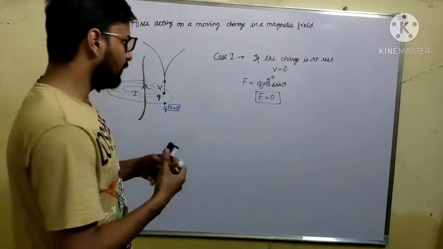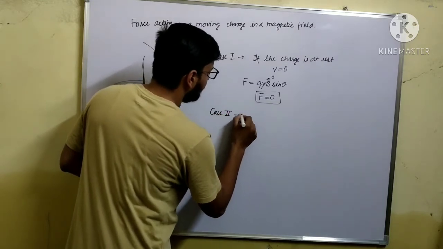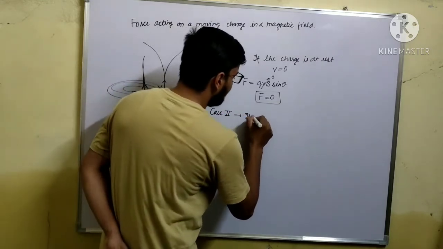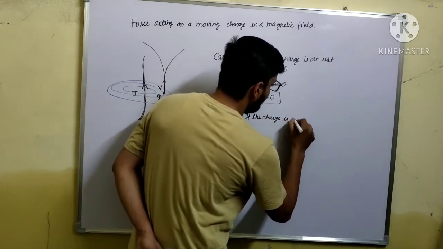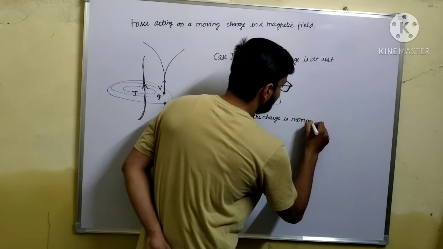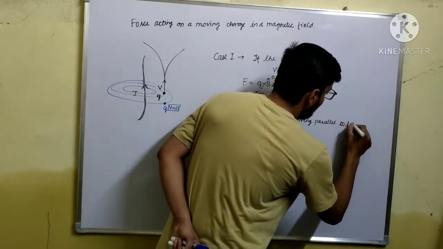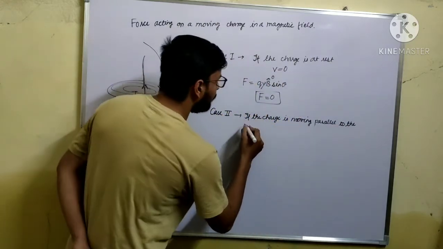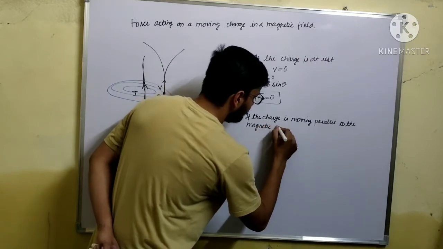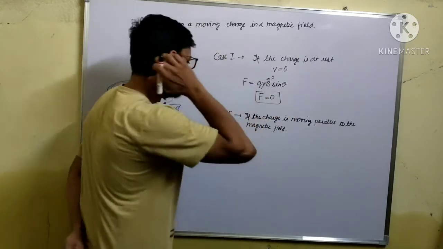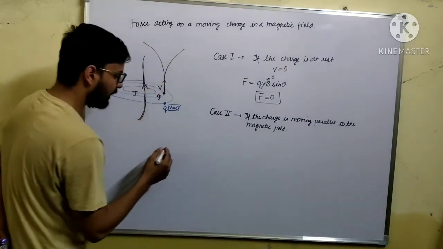So in the second case, we take the charge moving parallel to the magnetic field. Okay, if the charge is moving parallel to the magnetic field, what will happen in the case of parallel?